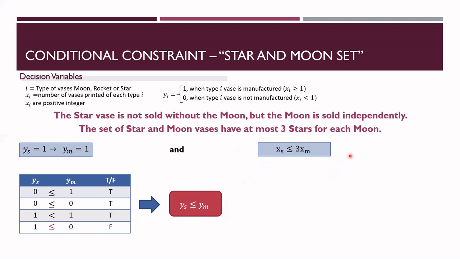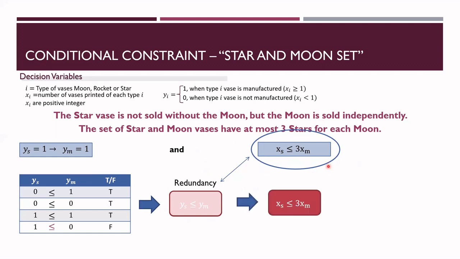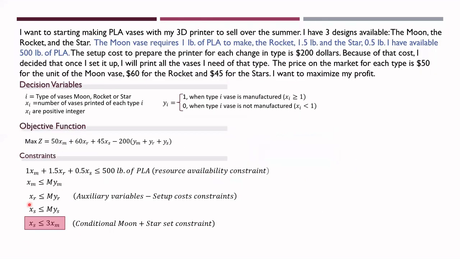So if this is more limited, this one will be redundant. So we don't need to write this down in our model because we are already writing this down in our model. So that's what we are going to do. We are going to add this constraint here in our IP model in construction.